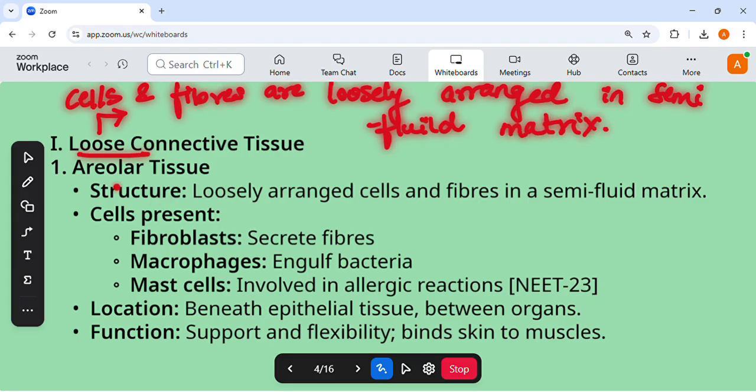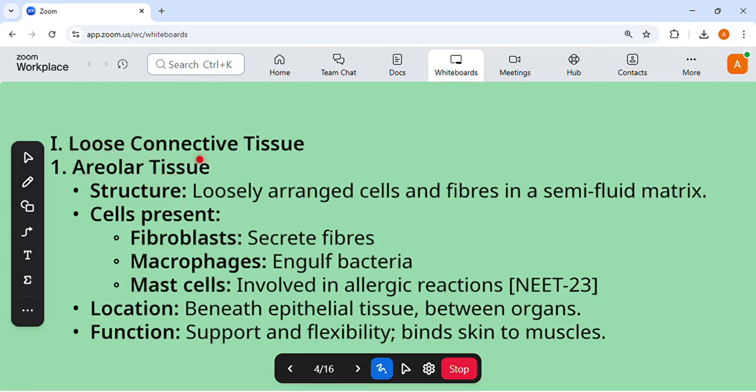Okay, first category, first type, let's see the areolar connective tissue. So here, areolar means the space. So it acts as a packing of organs. Okay, it packs the organs basically. So they are loosely arranged cells and fibers in semi-fluid matrix, and major function is packing.